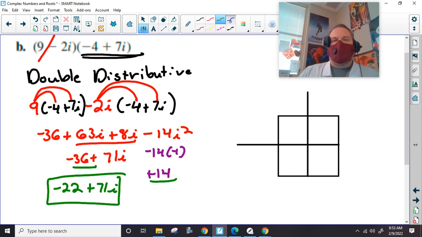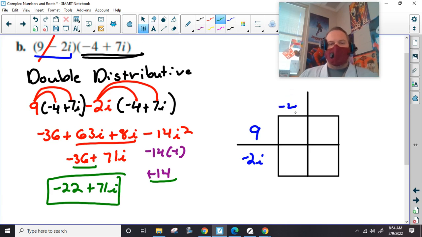It's very similar to double distributive property. I like putting the first terms, I'll put 9 and negative 2i. And then I'm going to put these two in the back. So negative 4, 7i.